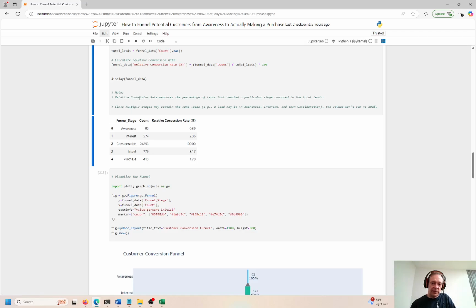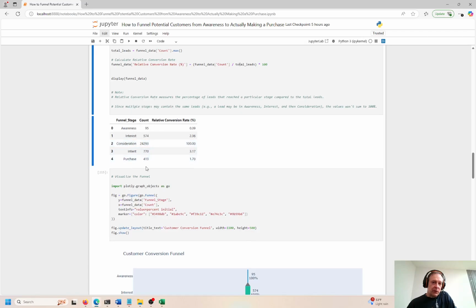It's probably going to be close to 100%, but it will not be 100%. So they can end up in slightly different buckets and go into a couple, but not make it all the way through. Obviously, there's only 413 purchases out of 24,000 or 21,000, at least that number of records in their data set.